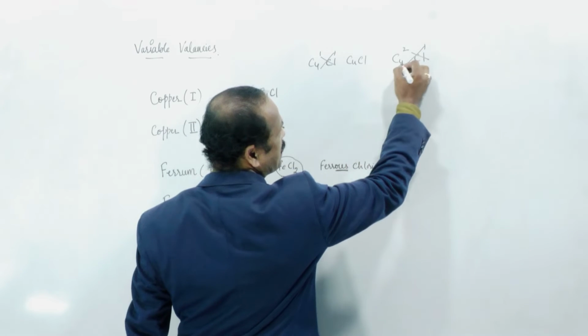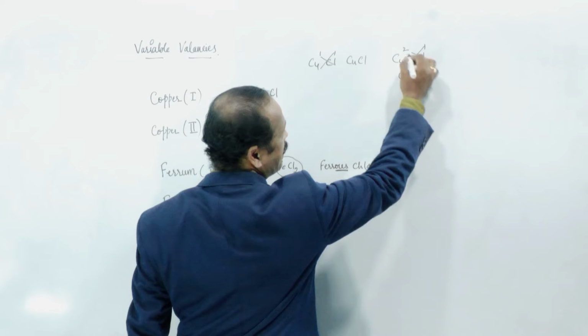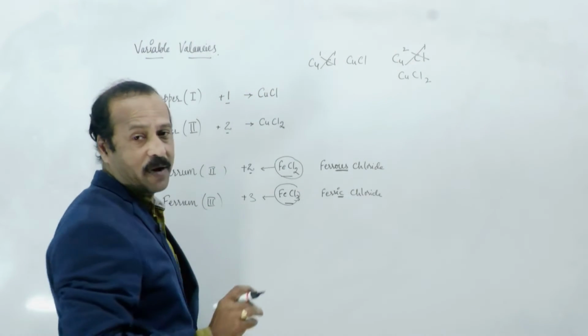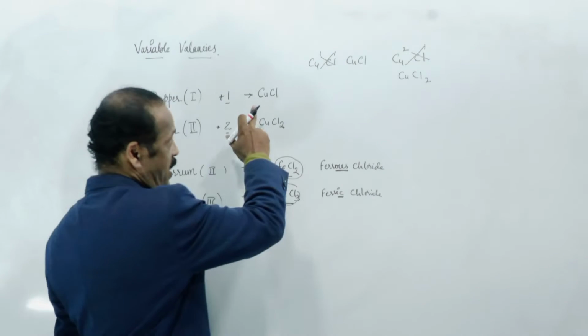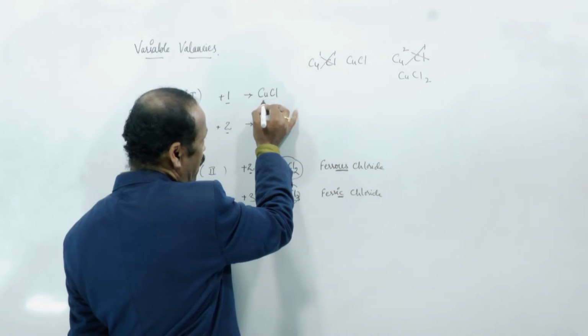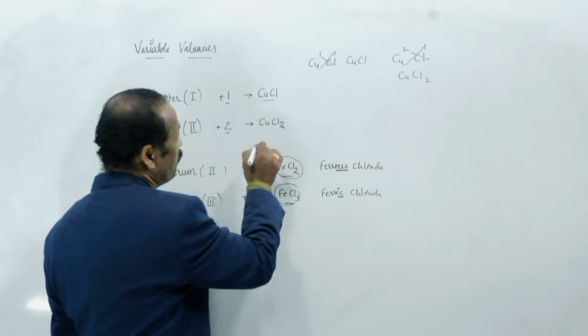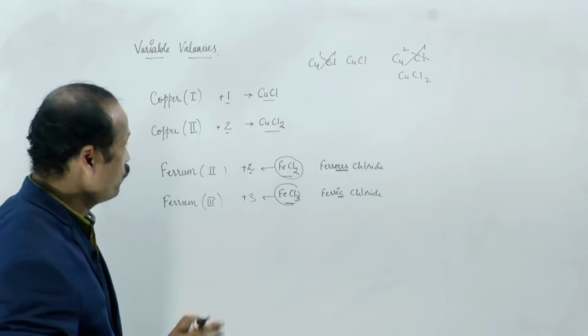They are crisscrossing, this one is going here, so we need not write Cu only, and this Cl2 is coming here, so this is CuCl2. So here copper is combining with chlorine in two ways: one combining with one chlorine, CuCl, and the other with two chlorines, CuCl2.